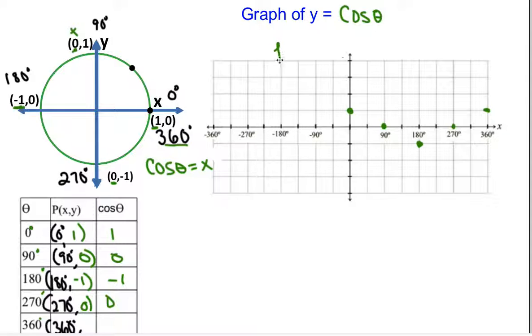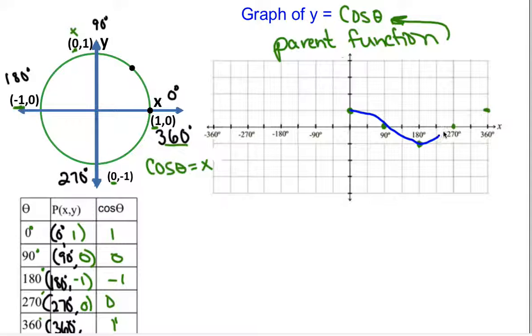So this right here is the parent function, and we've talked a ton about parent functions. This is the parent function for the cosine. All of our cosines are going to look the same, and they kind of look like a pulled out parabola.